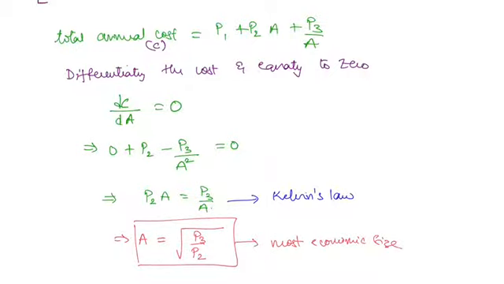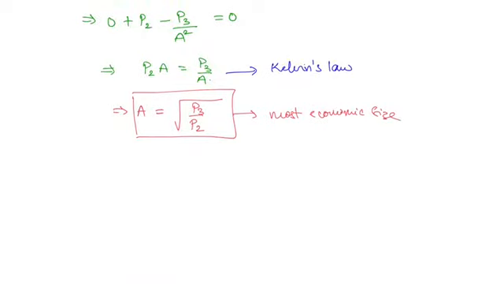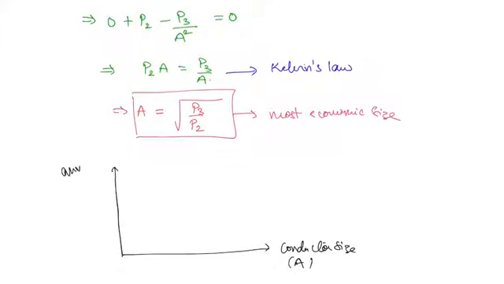This is often also represented in a graphical manner. The x-axis is the conductor size, that is A, and the y-axis is the annual cost. Now the fixed charges are going to be P1 plus P2A. If you take only the P2A part, it is going to pass through the origin.